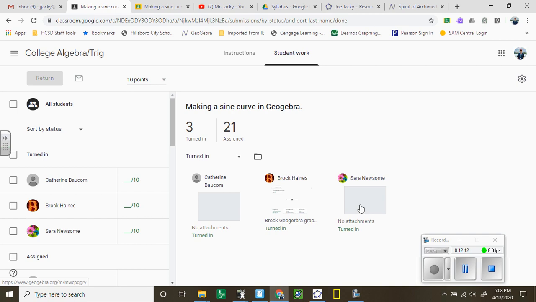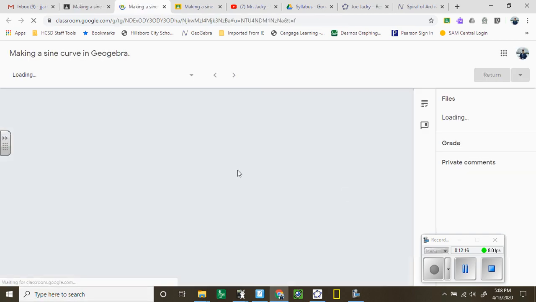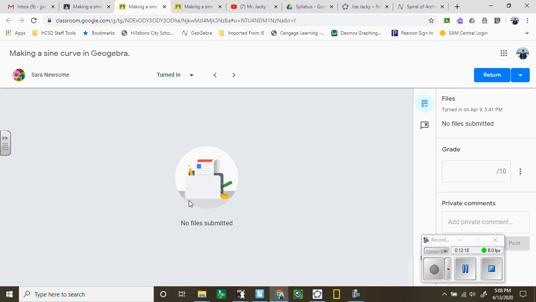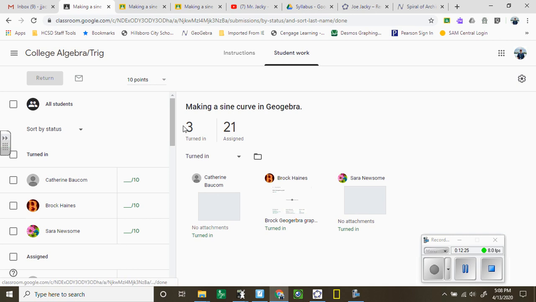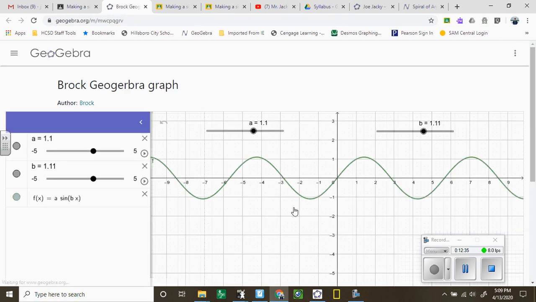Because if I click on these, because these people emailed it to me, which was fine because that was the instructions. But if I click on theirs, there's no file attached there. So I want it to be attached in here, so I can see it here. So it's all organized instead of in the email, because I'm getting too many emails. It's starting to get crazy. So Brock turned it in, and then I can see it, and it works.